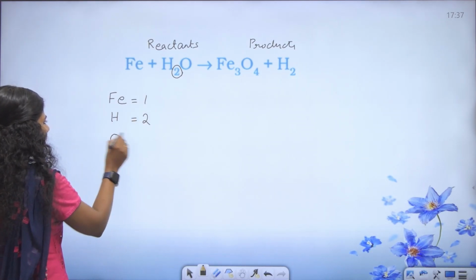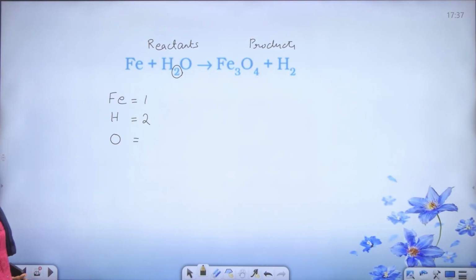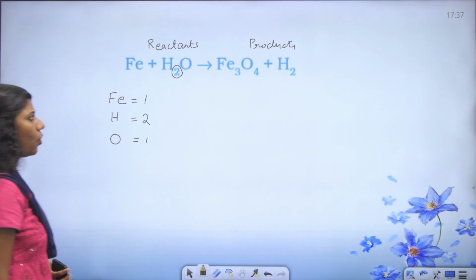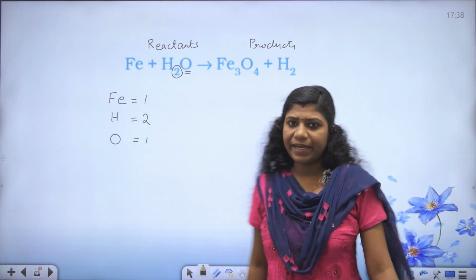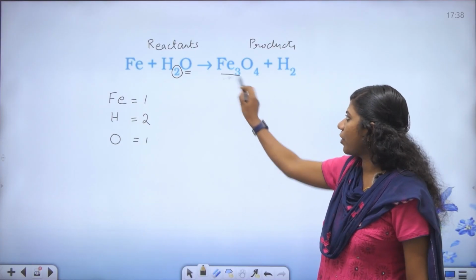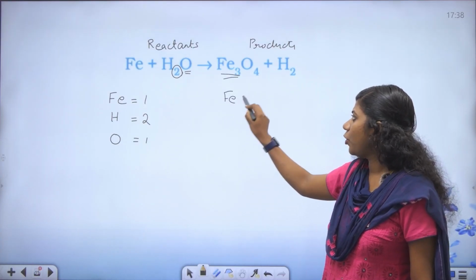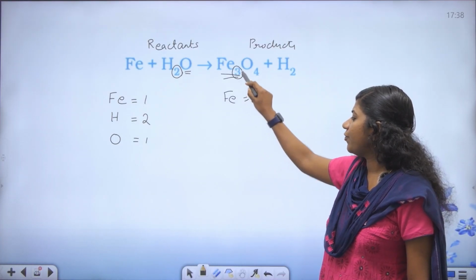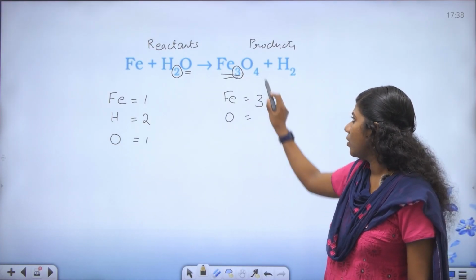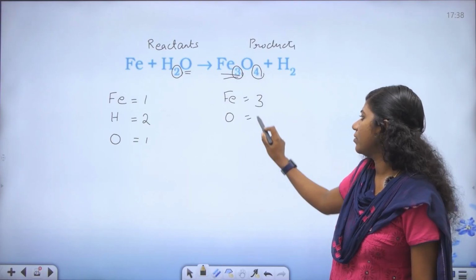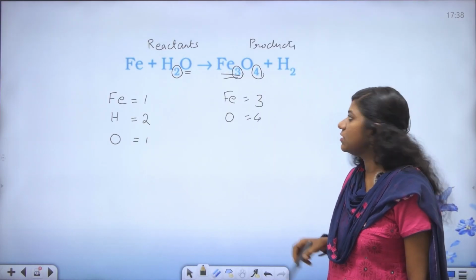Then number of oxygen atoms in the reactant side is 1, H2O. Only 1 oxygen atom. Then in the product side, Fe3O4, number of iron is 3. And number of oxygen, O4, so number of oxygen atoms is 4.